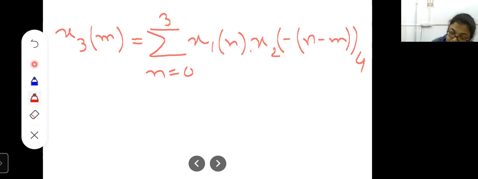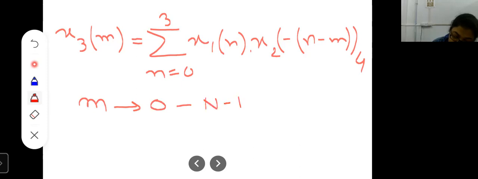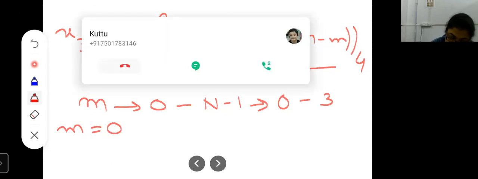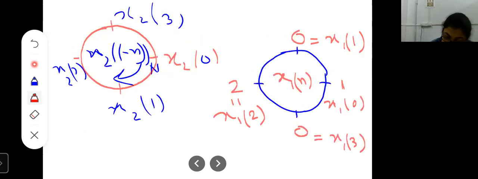So the first operation is reversing, which we have already done. Now the range of m is also the same, 0 to N minus 1, that means 0 to 3 again. So first we are going to put m equals 0. If I put m equals 0 here, this part becomes x2(-n), which we have already plotted.